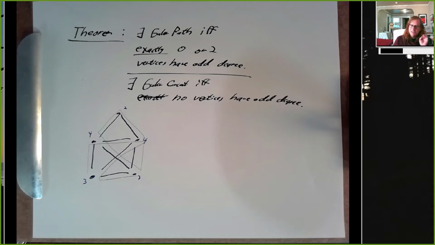That's trying to visit every edge exactly once. The dual to that is a Hamilton path. And a Hamilton path is a travel through a graph where you try to visit each vertex exactly once.